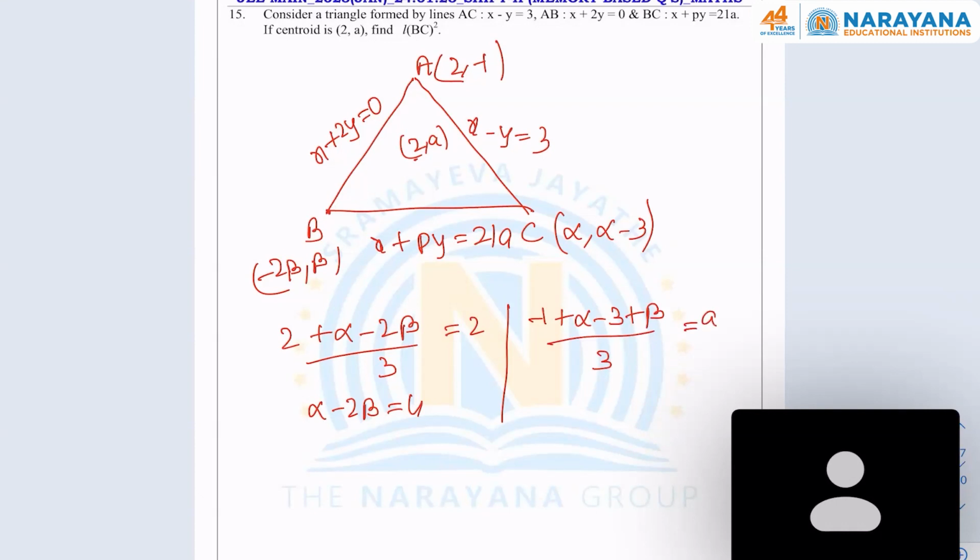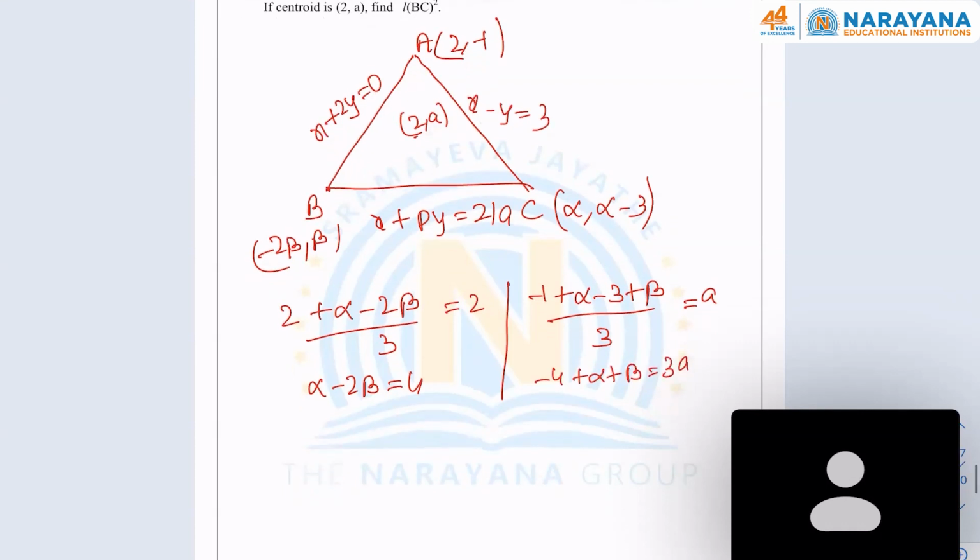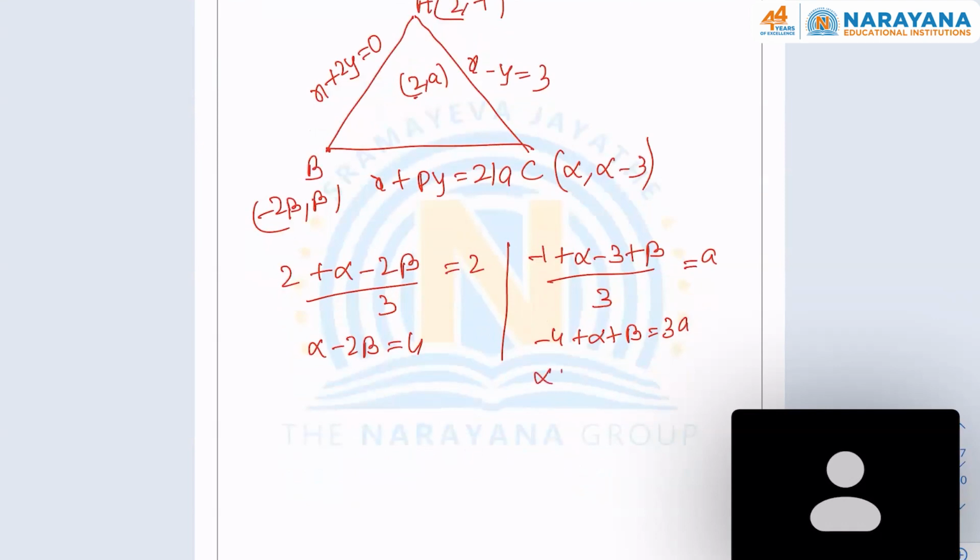So it is minus 4 plus alpha plus beta is equal to 3a. So here we have two equations. Alpha plus beta is equal to 3a plus 4, and alpha minus 2 beta is equal to 4.